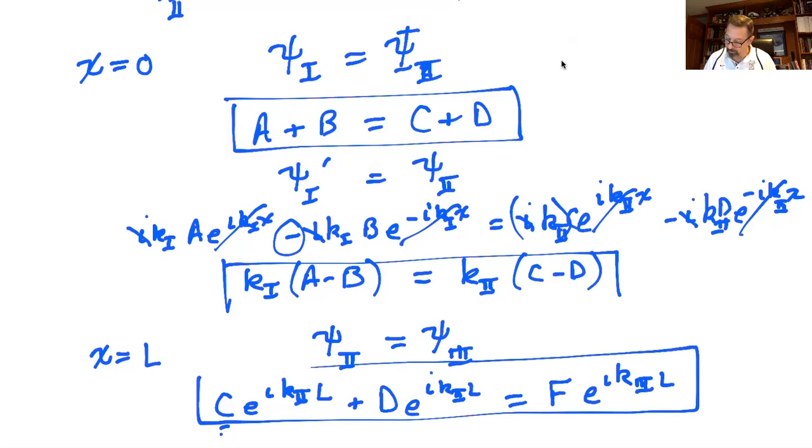But now I have a third equation. Oh, darn it, I brought in a fifth unknown though, didn't I? Now I got F as well that I don't know. But I'm making progress, I think.